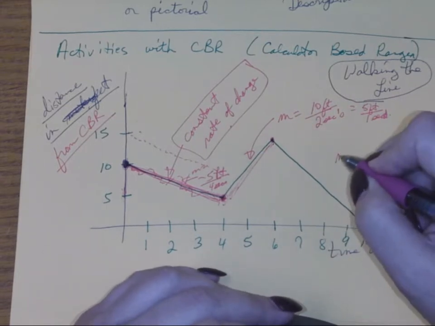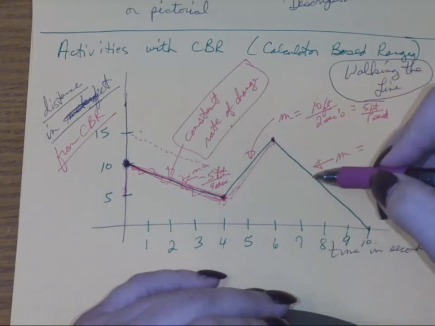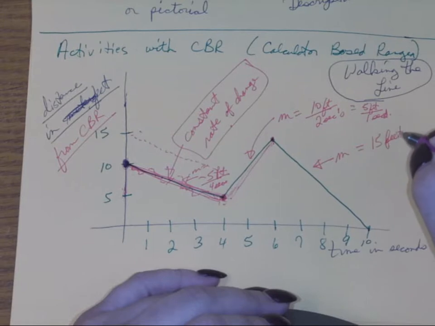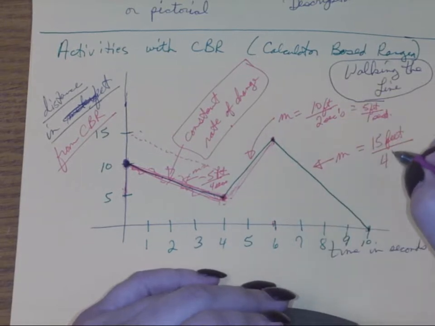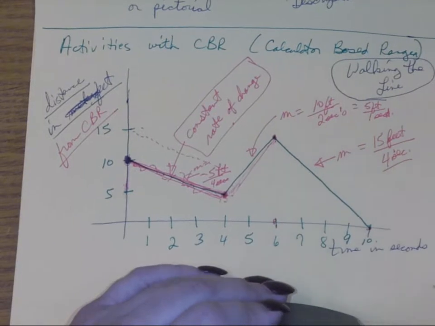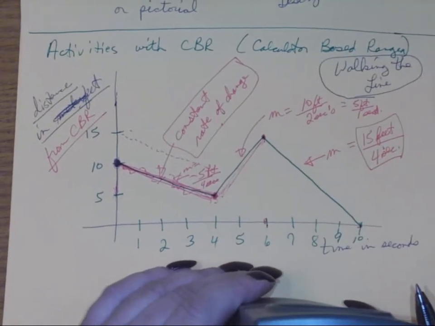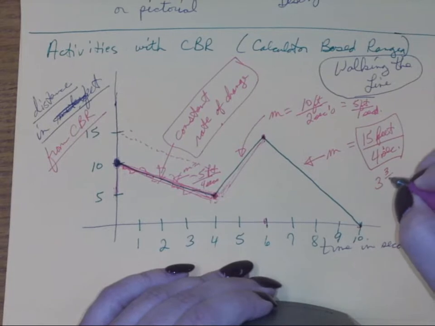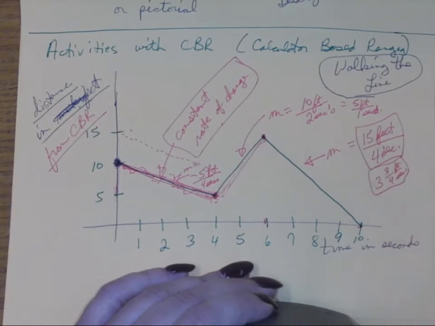So my slope here would be actually 15 feet, and I have from 6 seconds to 10 seconds to do that. So in 4 seconds, or 15 over 4, or if you reduce that down, 4 goes into 15 3 times, 12, 3 3/4 feet per 1 second, right?